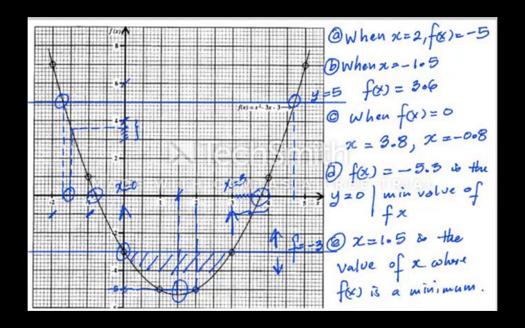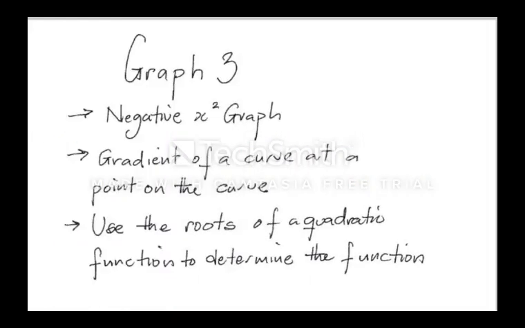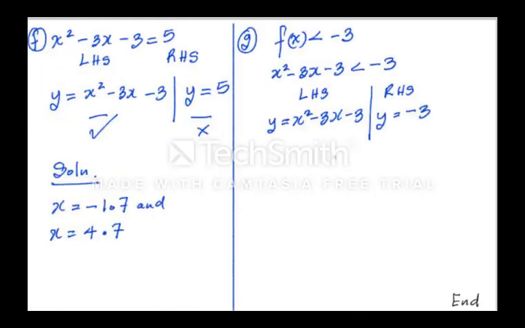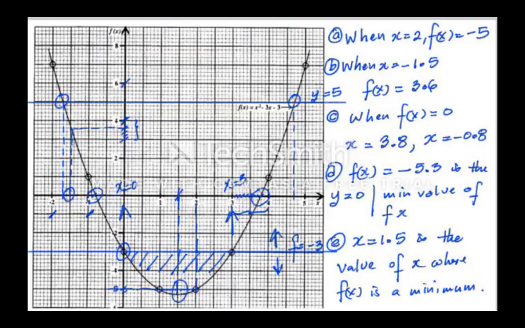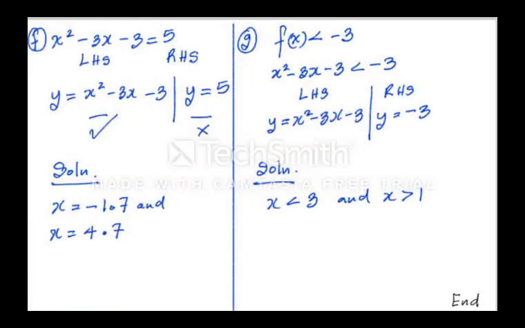So the answer here would be, the solution of this inequality would be x is less than 3 and x is greater than... was it 1? Let's go back and double check. No, it's not 1, it's 0.